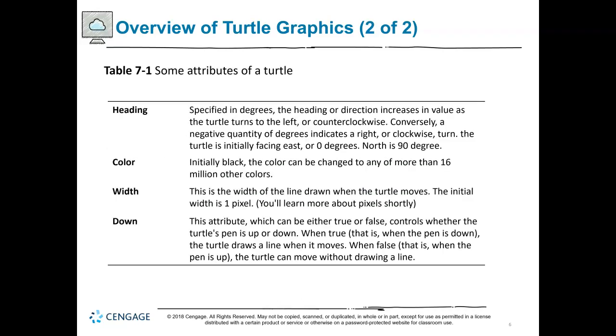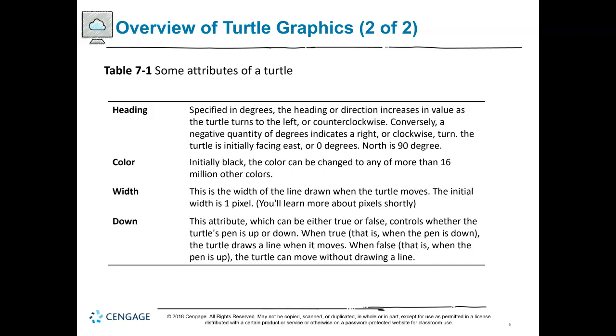So you can have things like a heading, in other words, you're telling it what direction. You can think about it like a compass. A compass starts at 0 degrees. North is 90. And then we rotate clockwise to get around the rest of that. We can change colors to any one of the RGB colors, and we'll talk about what RGB is.